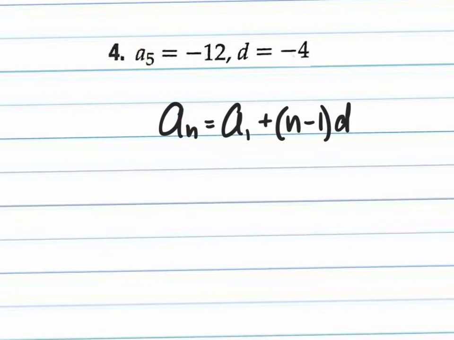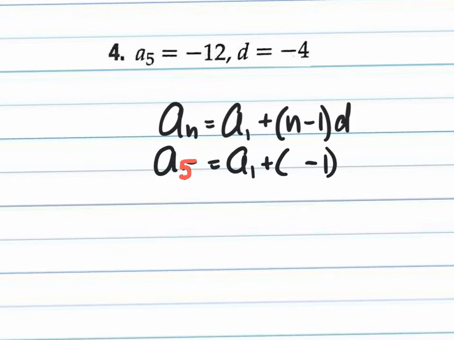Okay, now this is as confusing as it gets. a sub 5 instead of a sub n, right? Now, what does that mean? This 5 right here, this a sub 5, when I write out the rest of my equation here, a sub 1, we don't know a sub 1, so I leave it a sub 1, plus n minus 1.